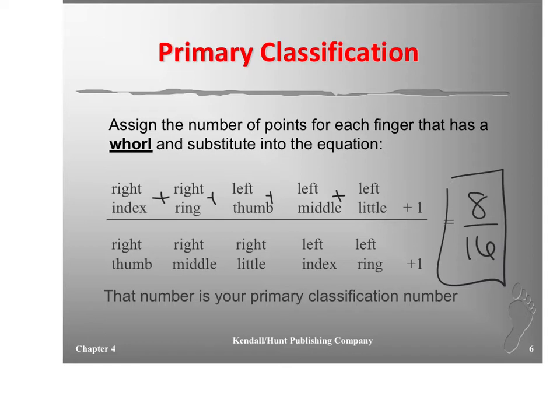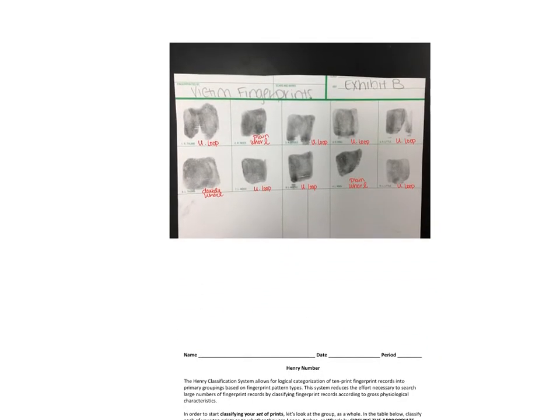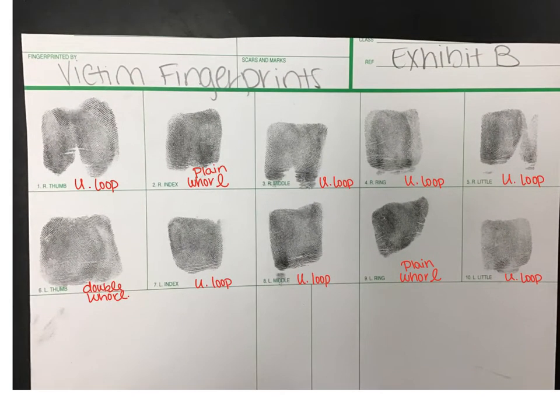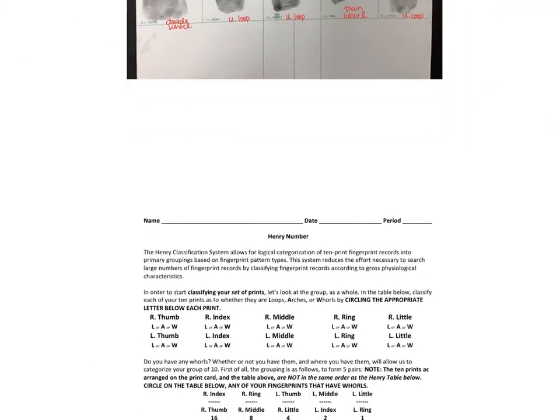How we'll actually calculate that number is by going through your 10 print card, and hopefully you have already done it and have the type of print identified. So you're going to want to pull that out.